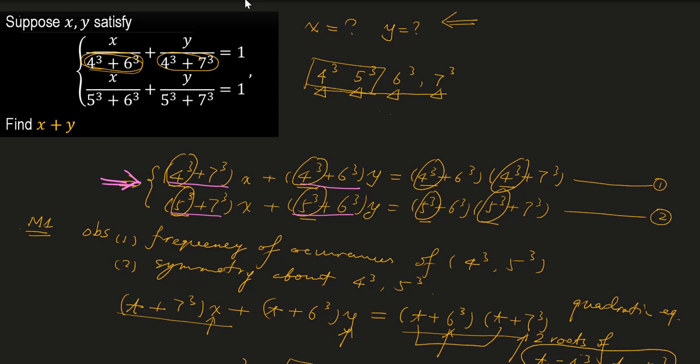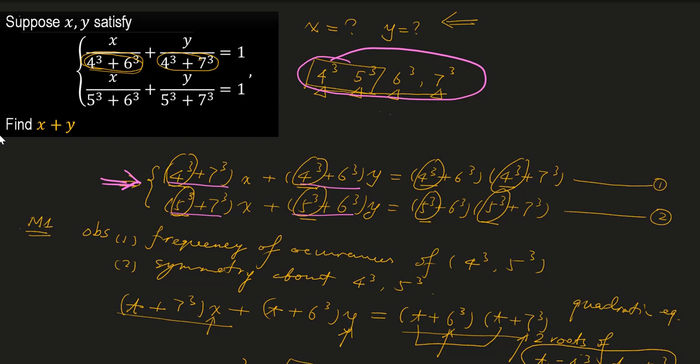This is because we have found that the whole structure of these two equations is formed by these four components. Therefore, we want to convert the coefficients of x to be the same as the coefficients of y. And then we can factor out these common coefficients, and the rest of the work will be very straightforward.